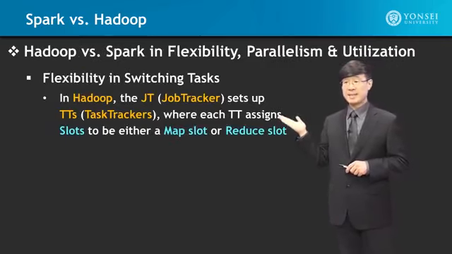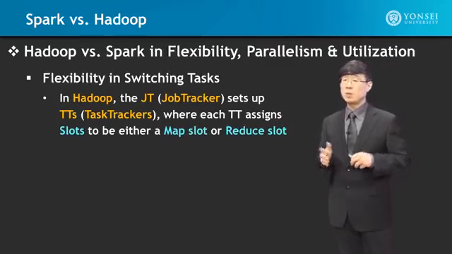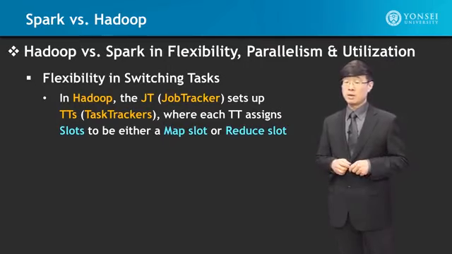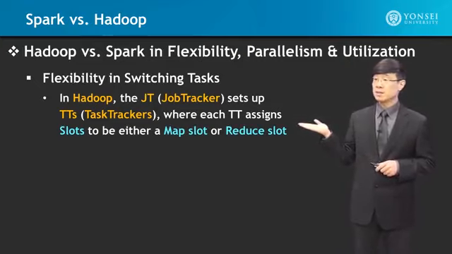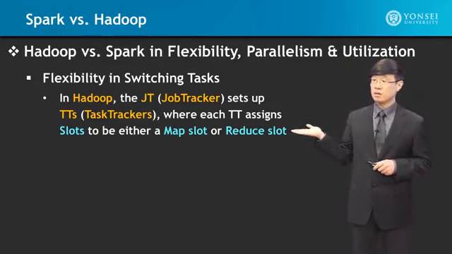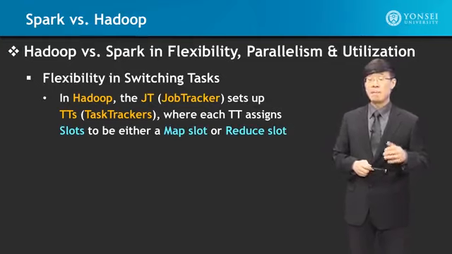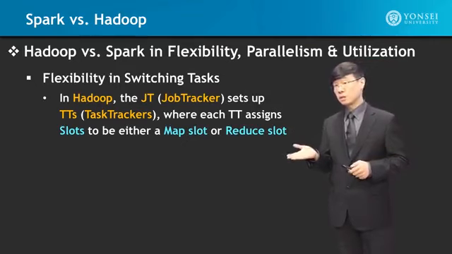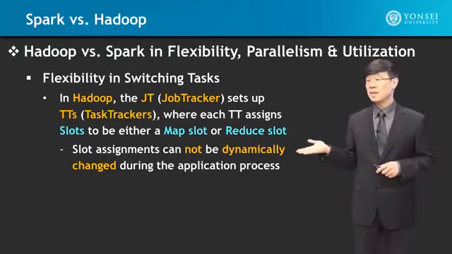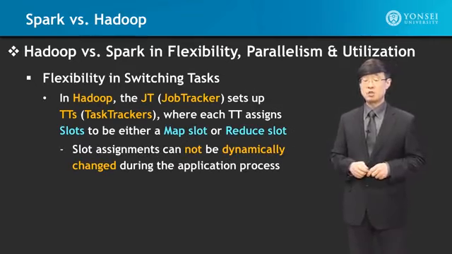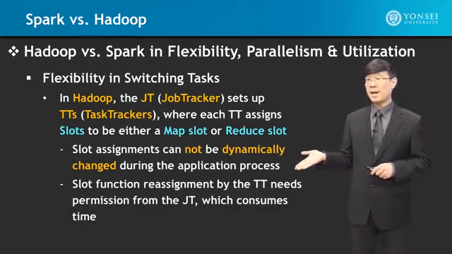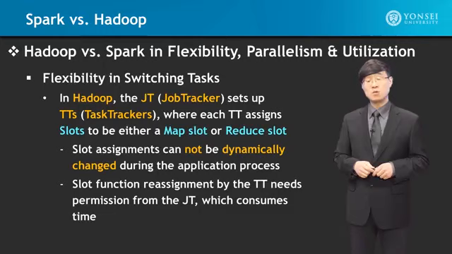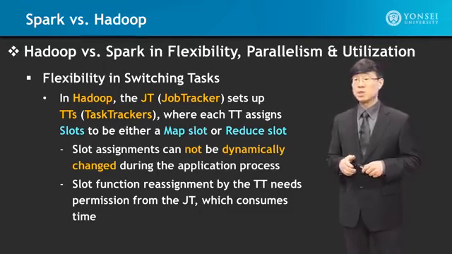Flexibility in switching tasks is another thing we need to look into when we compare Hadoop and Spark in their processing speeds. In Hadoop, the job tracker sets up task trackers, where each task tracker assigns slots to be either a map slot or a reduce slot. Slot assignments cannot be dynamically changed during the application process. Slot function reassignment by the task trackers needs permission from the job tracker, which consumes time.